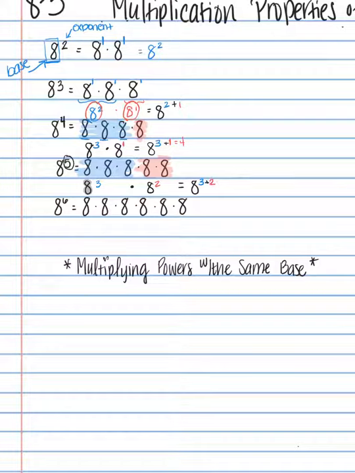So this brings me down here to this concept of multiplying powers with the same base. Notice that all of my bases were the same. They were all 8s in every scenario. And what I ended up doing was adding powers.